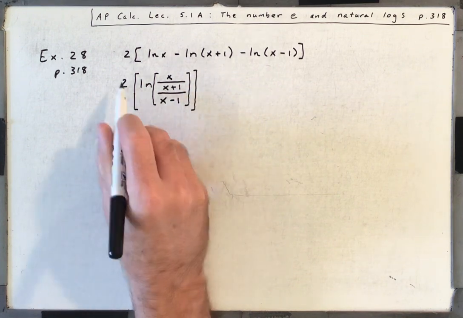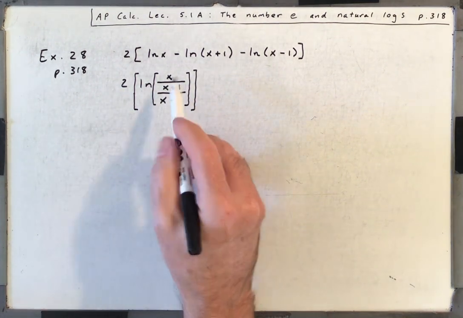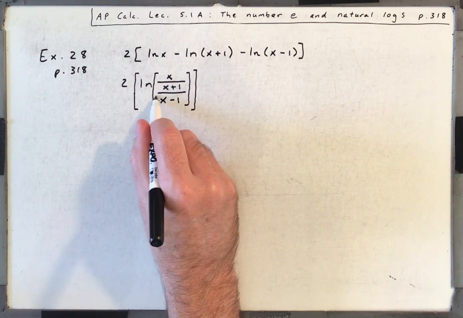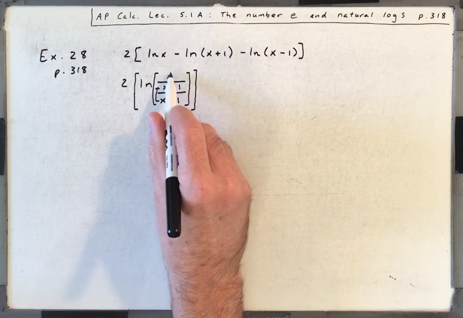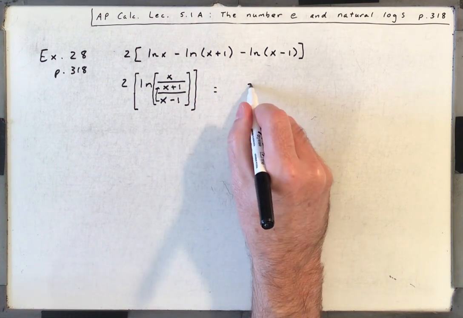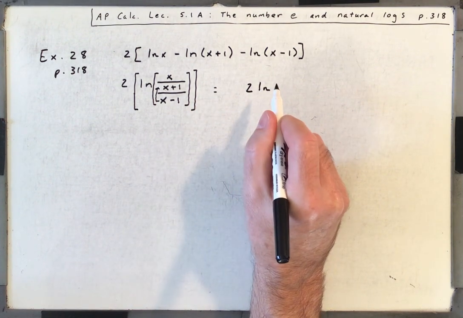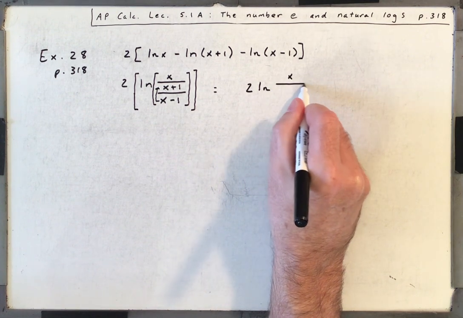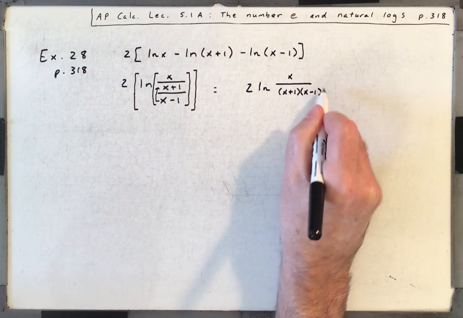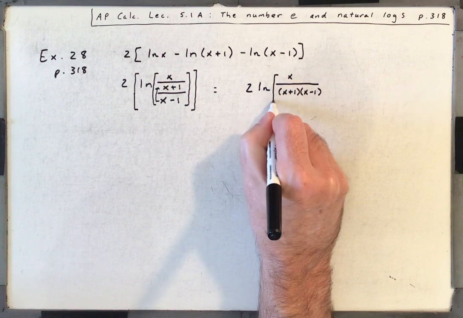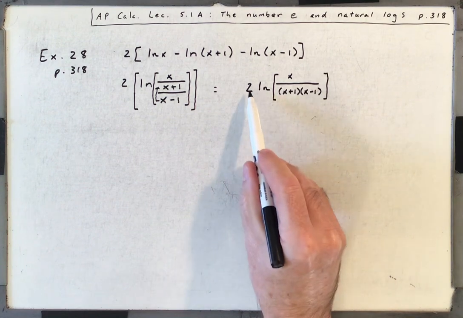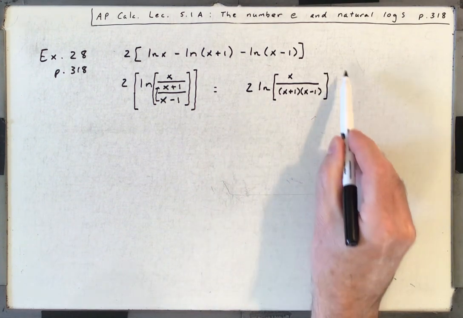And we still have the 2 out front. What you do, this is the same as x over x plus 1 times 1 over x minus 1. So you can't leave the fraction as a triple there. We've got to bring this bottom term up a level. So this is the same as 2 times the natural log of x over x plus 1 times x minus 1. Okay, and then our last thing to do is to take that coefficient 2 and bring it out here as an exponent.